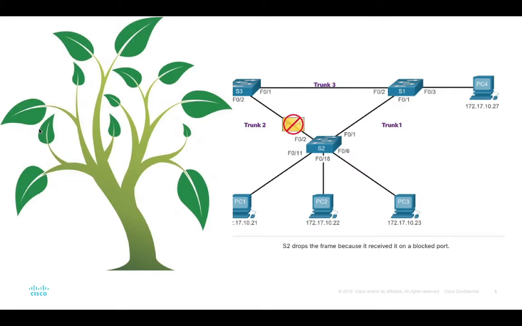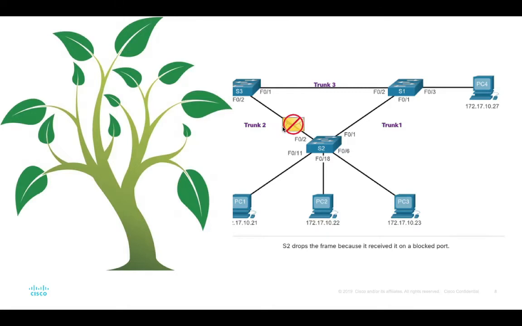So that's a tree. In the network diagram, we don't want a situation with a loop like this. We would like to have one root, and then it branches out until they reach the end. Let's say from switch 1, it will branch out to switch 3, and then branch out to switch 2. So switch 2 and switch 3 cannot have a connection together.